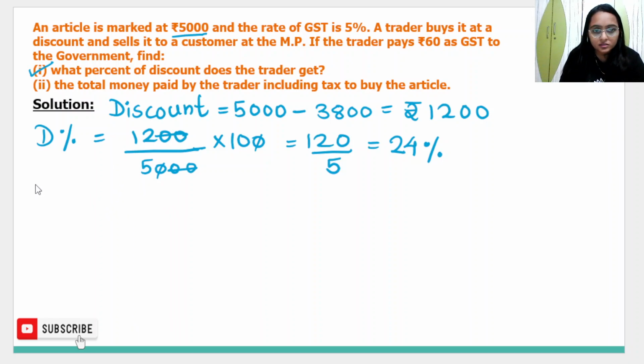And next, the second part of the question: you need to calculate the total amount paid by the trader including tax to buy the article. So of course he had got the article at a discount of 1,200, so he bought the article for 3,800. That is the cost price of the article for the trader.